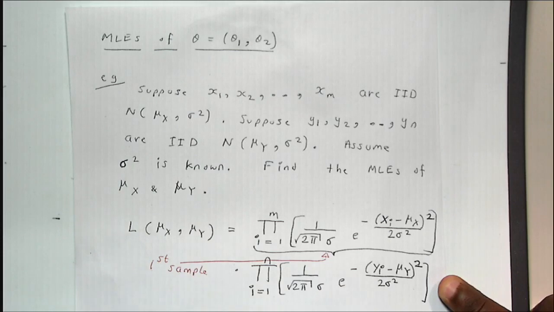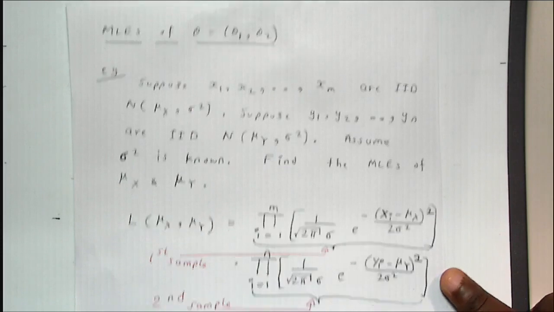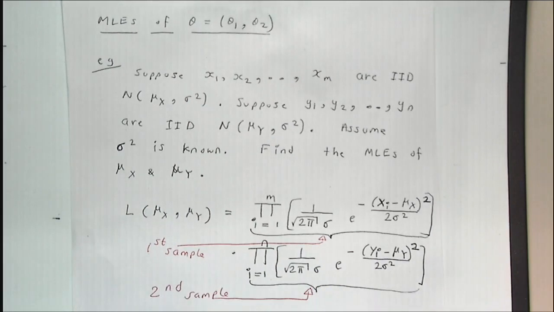And this one here is the contribution from the second sample, right? So the likelihood is composed of two parts. The first is the product of the observations from the first sample, and this is for the second sample, right?